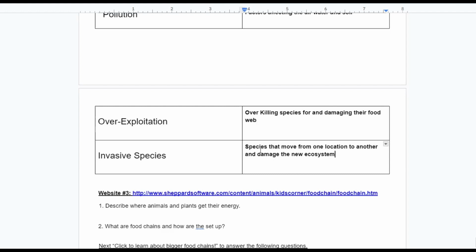All right, so like the quagga mussels that I told you about, that people were taking from one lake all the way to another, were actually just killing everything on the bottoms of the lakes. So they're considered an invasive species.